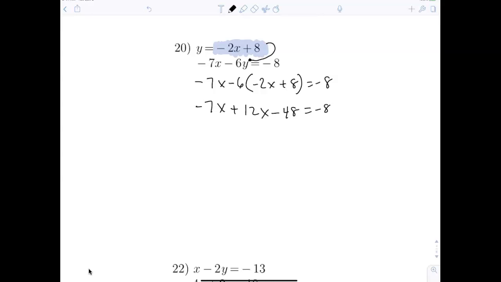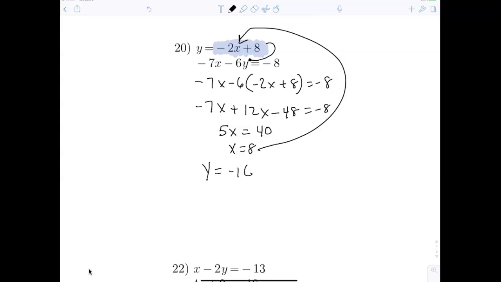Okay. Now combining terms, 5x is equal to 40. Good job, guys. So x equals 8. Everybody okay with that? So if x equals 8, now we come up here and we let x equal 8.